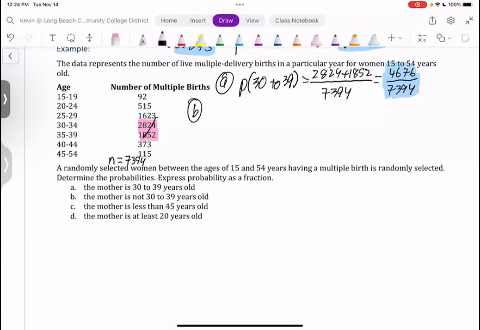Part B. Part B says the mother is not 30 to 39 years old. I'm going to use the complement rule on this one. So not 30 to 39 is going to be 1 minus the probability of 30 to 39.